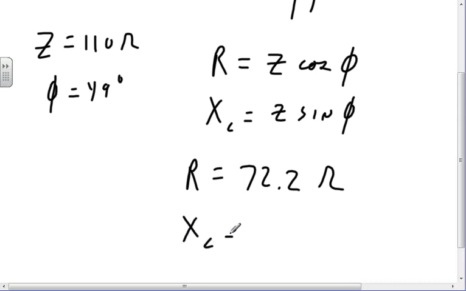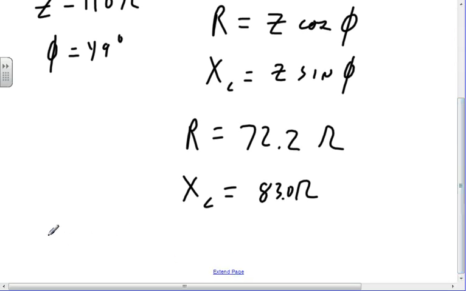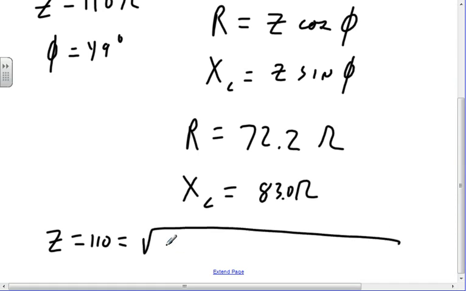My capacitive reactance is 110 times sine 49, 83.0 ohms. So the impedance, which is 110, should be the square root of 72.2 squared plus 83 squared. If it's not, then we're hosed. But I have it on pretty good authority that that's the case.